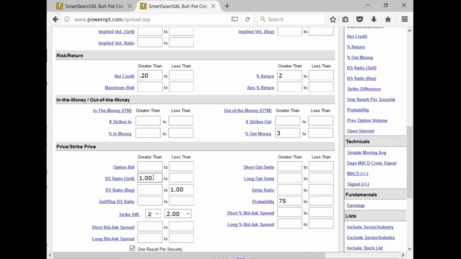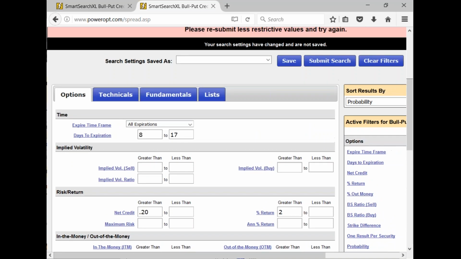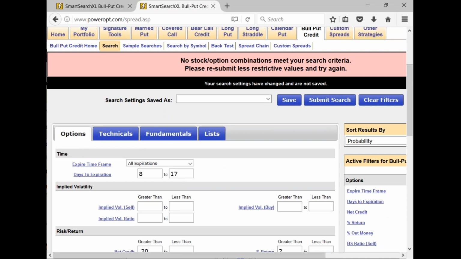Why? Because if one option for a certain expiration on the same stock is overvalued, the other ones are overvalued too. You're not going to have, even if they're deep out of the money compared to deep in the money, in general, if one slightly out of the money put is considered overvalued, a lower strike put is not necessarily going to be undervalued.